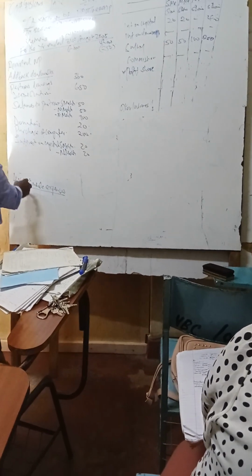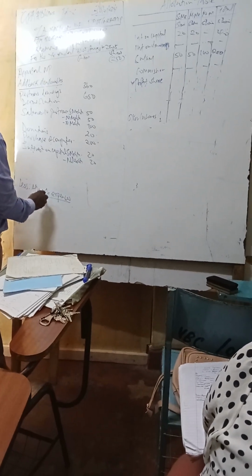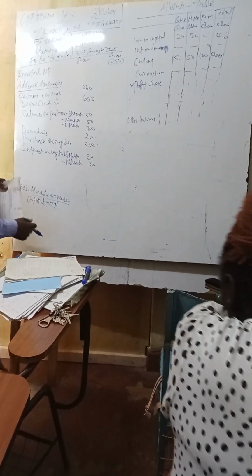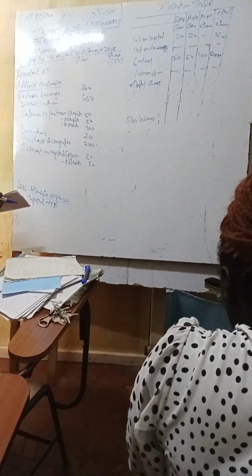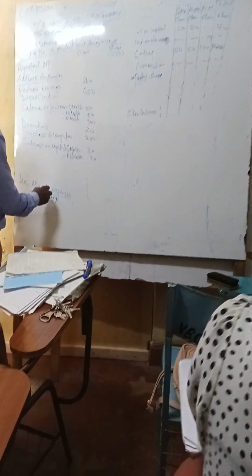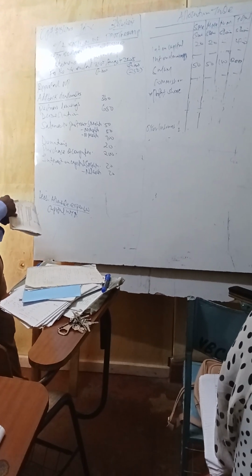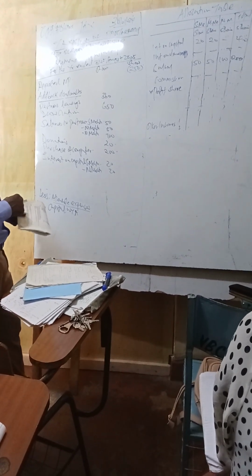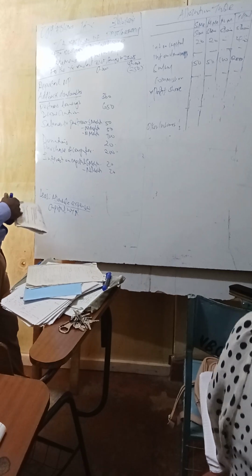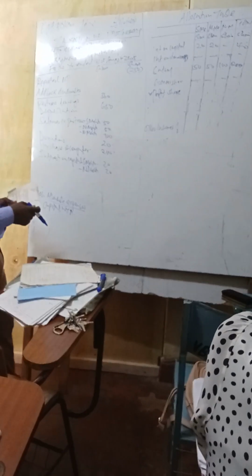So we need to calculate capital allowance here, the wear and tear. For now I don't think you will understand this, so maybe we can skip it, but when we reach that topic, you will be able to know how to calculate it, okay?